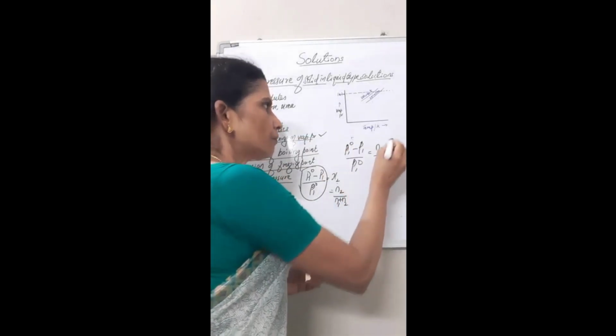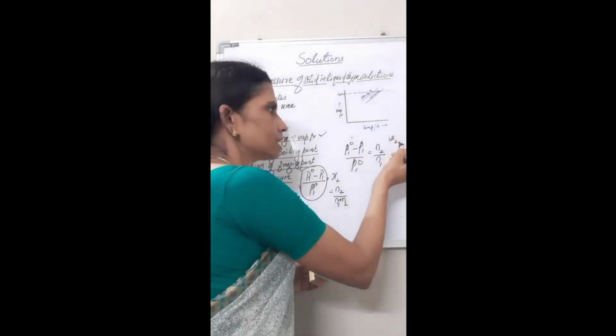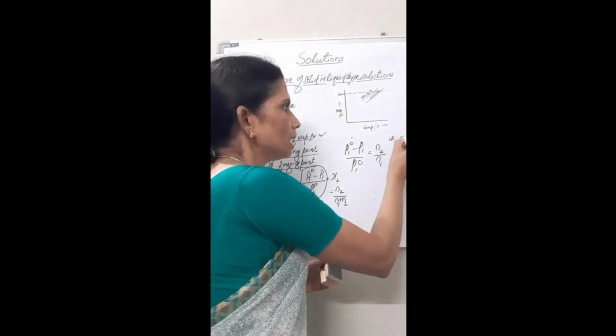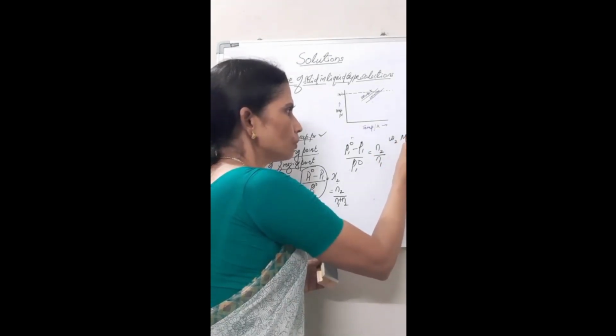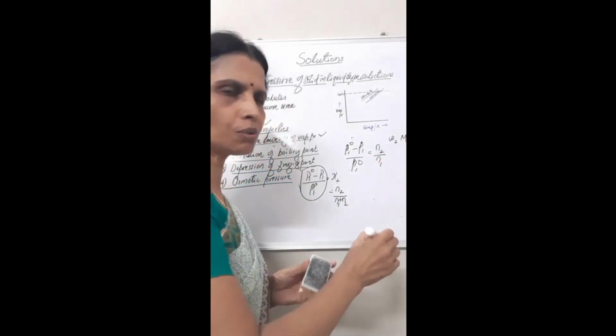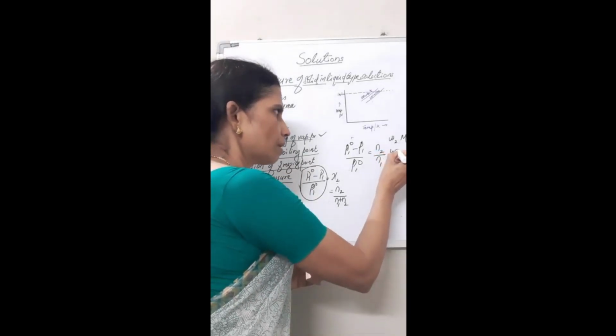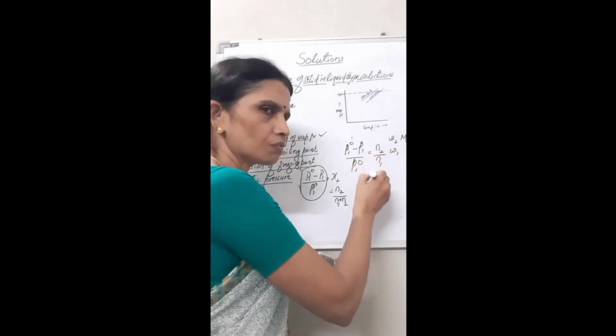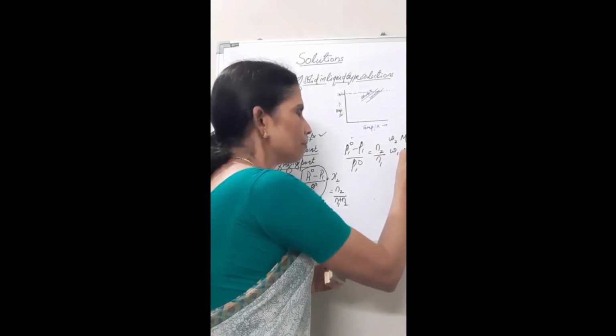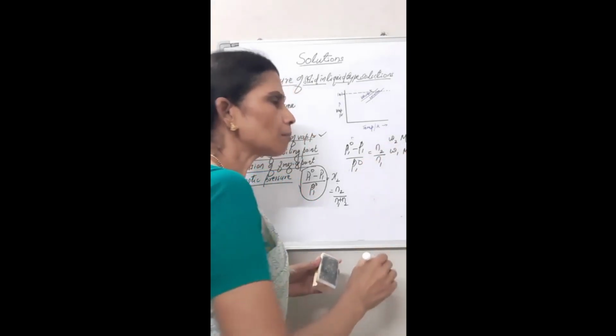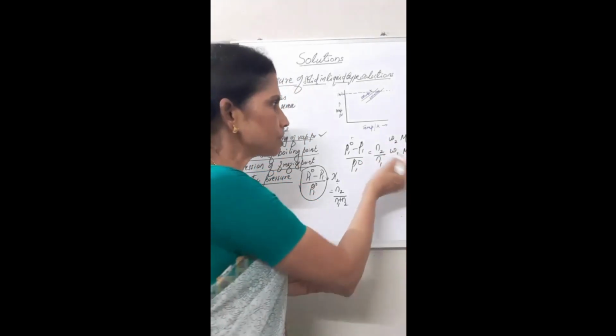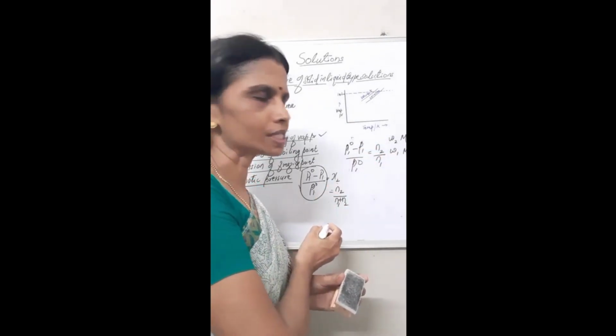Then, if W2 is the mass of the solute and M2 is the molar mass of the solute, and W1 is the mass of the solvent and M1 the molar mass of the solvent, we can substitute for the number of moles.